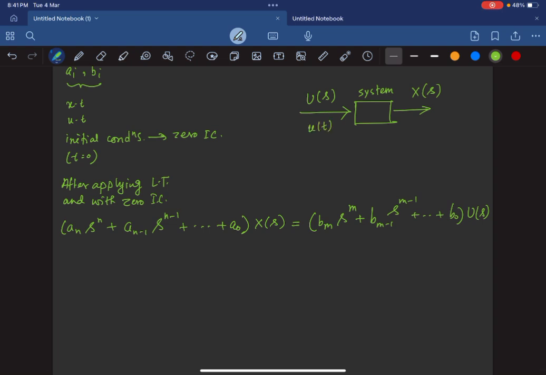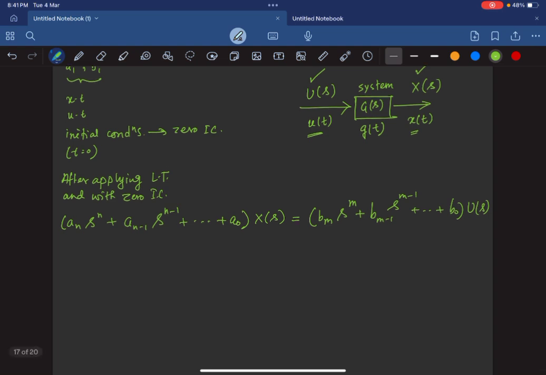So for input u(t) and for output you are getting x(t), and suppose the impulse response for this system is g(t). Corresponding to u(t), the Laplace transform is U(s), corresponding to x(t), the Laplace transform is X(s), and corresponding to g(t), the Laplace transform, say, is G(s).